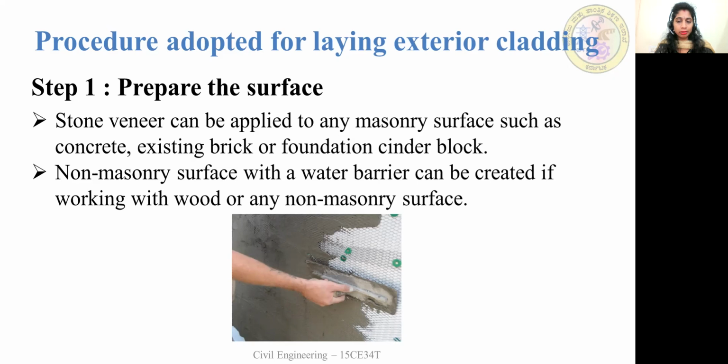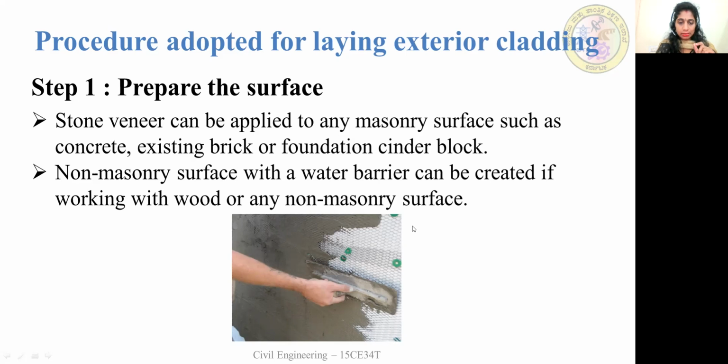Stone veneer can be applied to any masonry surface such as concrete, existing brick or foundation cinder block, etc. If working with wood or any non-masonry surface, you can create an appropriate surface by surrounding the non-masonry surface with a water barrier.